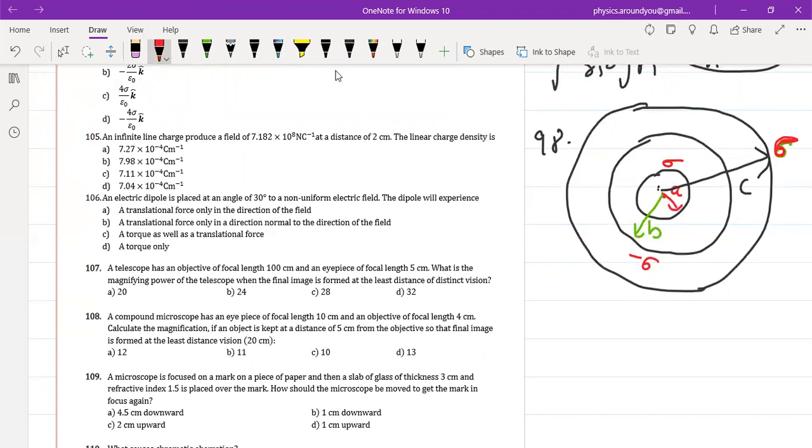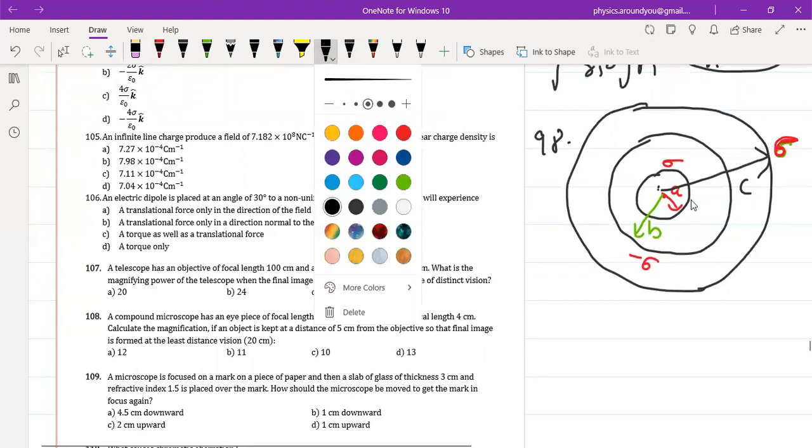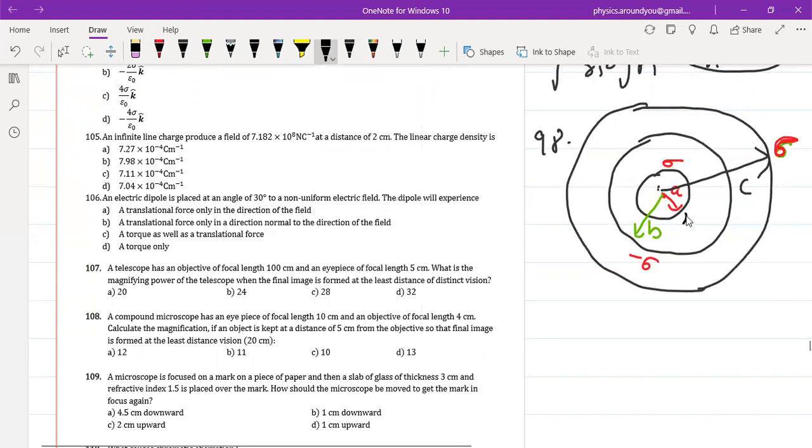The inner sphere is labeled A, the outer sphere is labeled B, and this is C. The potential at sphere A is KQA by A. For all the points on the surface of the inner sphere, I can take the inner sphere to be a point charge located at the center.